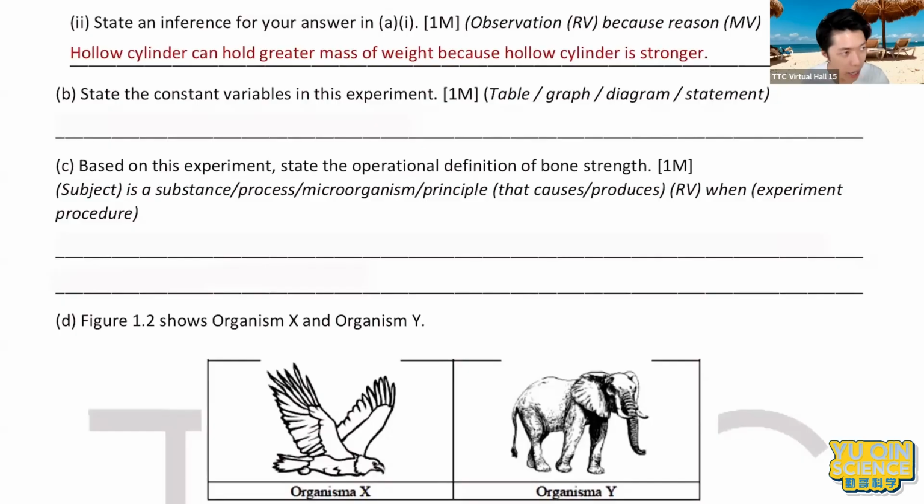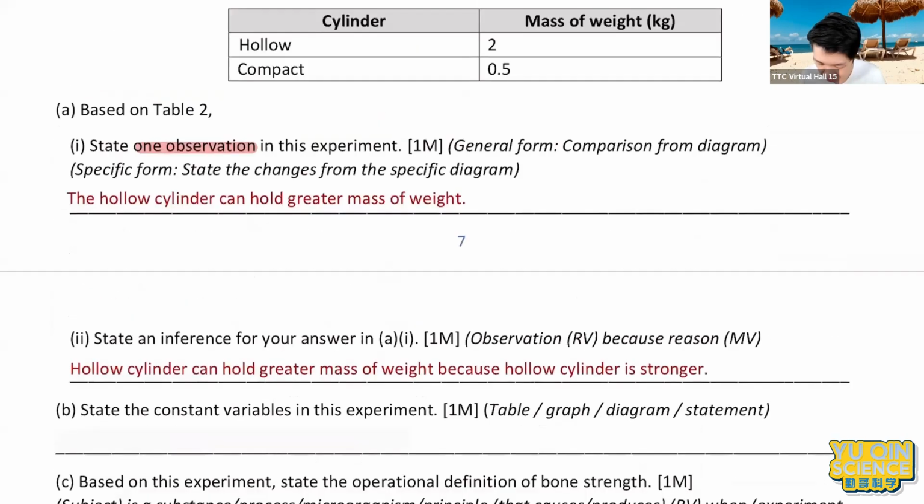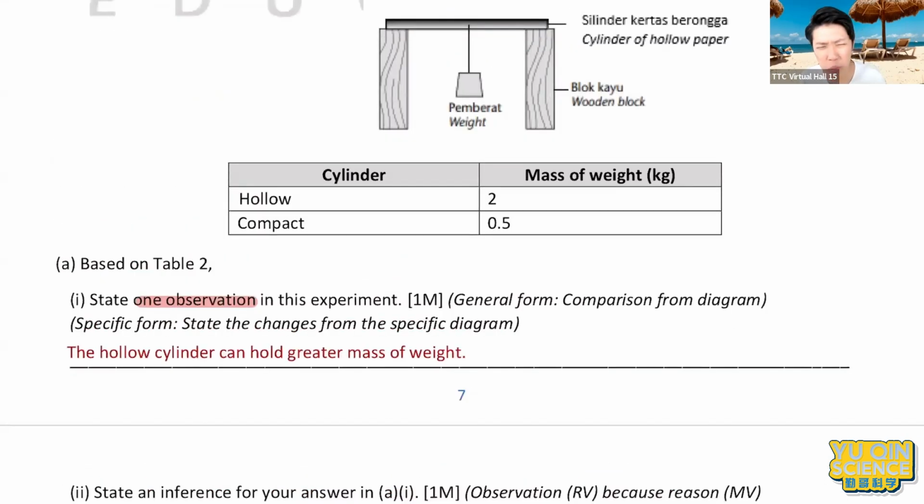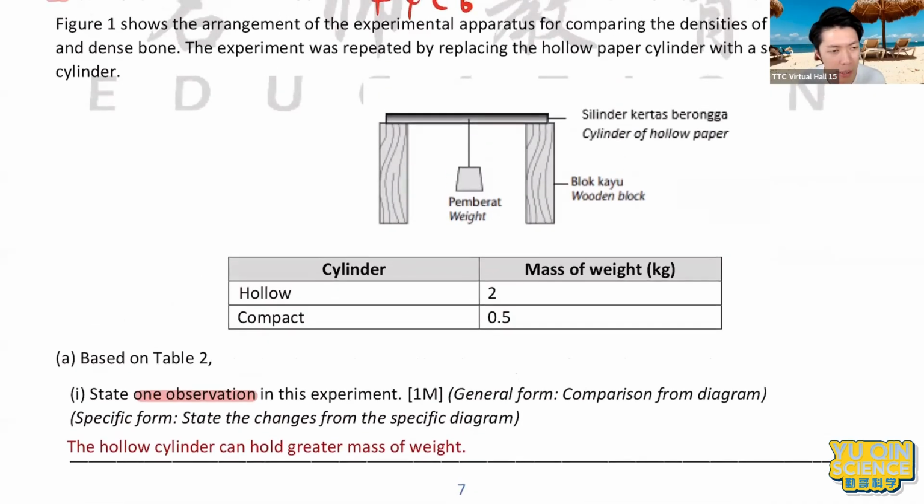Okay, next one. State constant variable. Constant variables are things that must be fixed, things that must be fair. What must be fixed and fair, no matter hollow or compact, the paper, to be fair, is to make sure the diameter is the same.